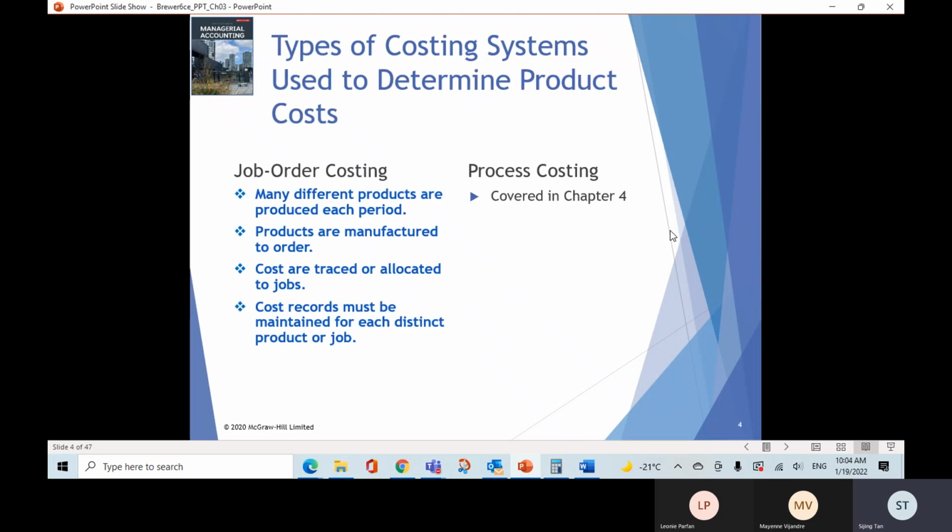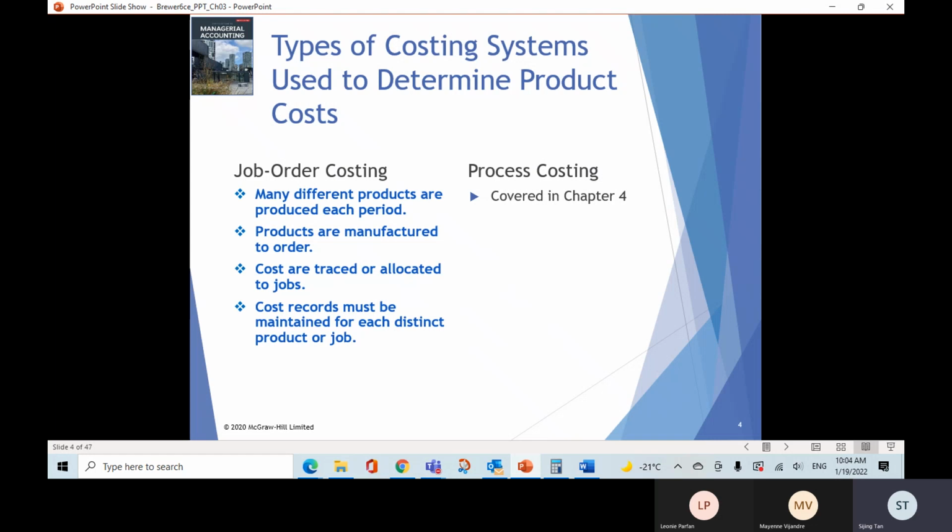Then we move on to the two different costing systems. The job order costing system is used when many different products are produced in each period. Products are manufactured to order. The unique nature of each order requires tracing or allocating costs to each job and maintaining cost records for each job.